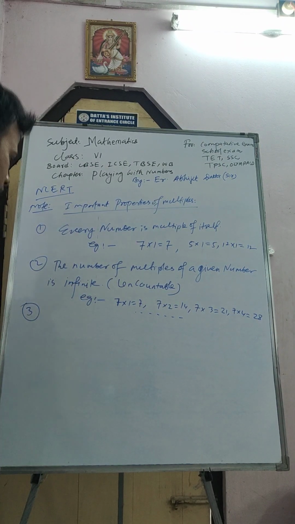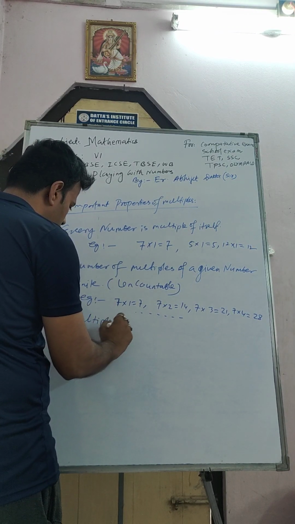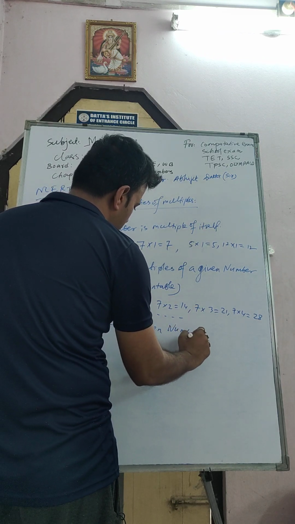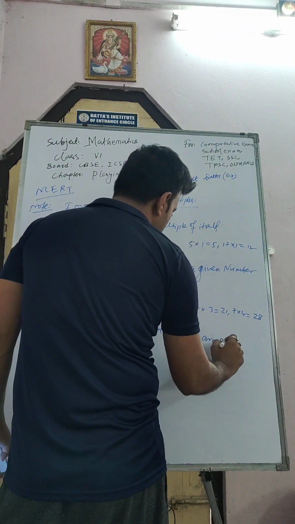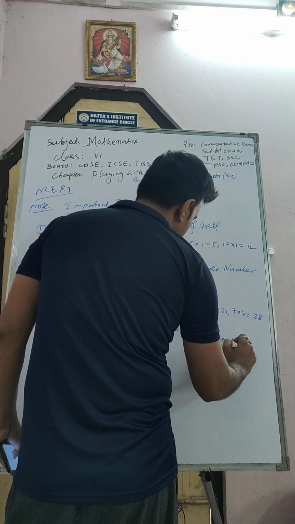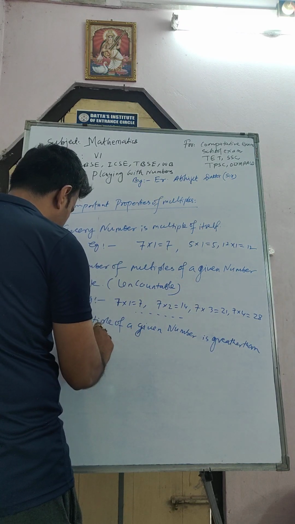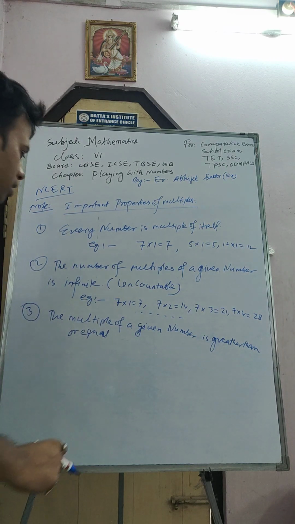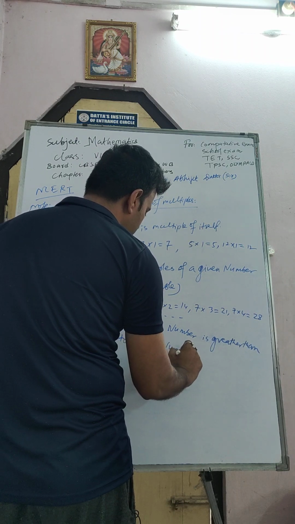Our third property is: the multiples of a given number are greater than or equal to that number.